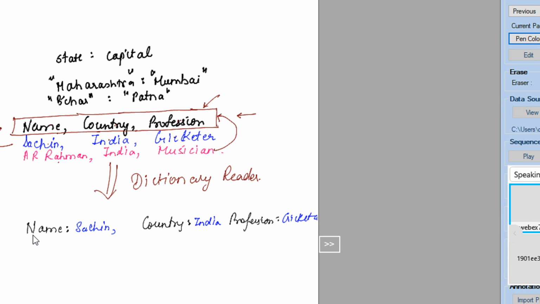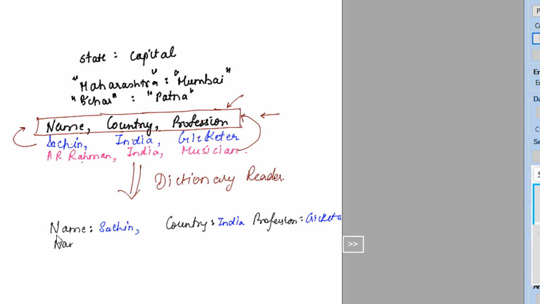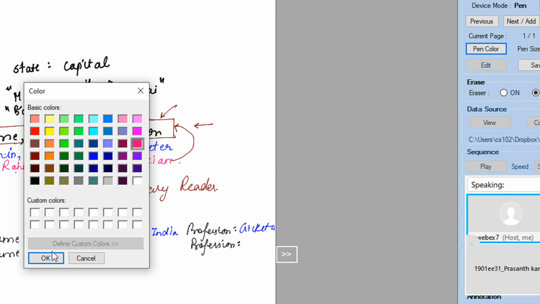Again, you will have the header as your keys. Name. I am not enclosing the quotes. I think it's already understood. Profession. And let me change the pen color here.